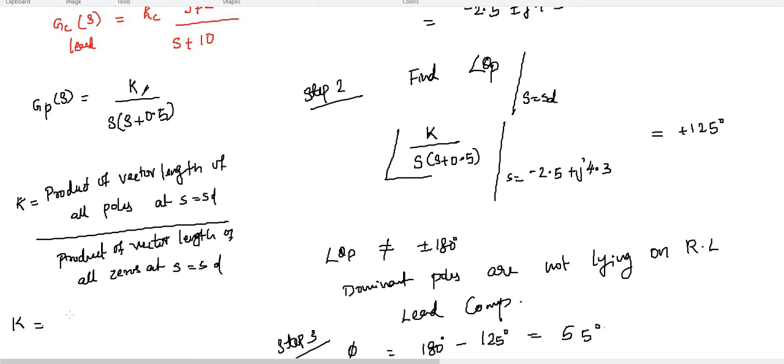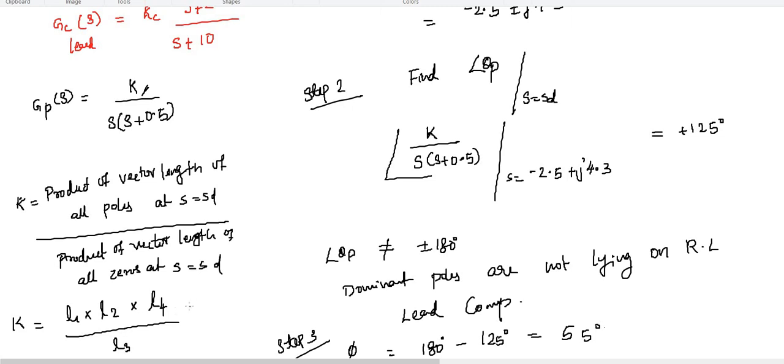So K is equal to L1, that is the first vector length corresponding to the pole S is equal to 0, into L2, that is the second vector length corresponding to the pole S is equal to minus 0.5, and L4, that is corresponding to the pole of the compensator at S is equal to minus 10, divided by, you can see that there is only one zero, that is at S is equal to minus 2.7, that is a zero of the compensator, and its vector length is L3.